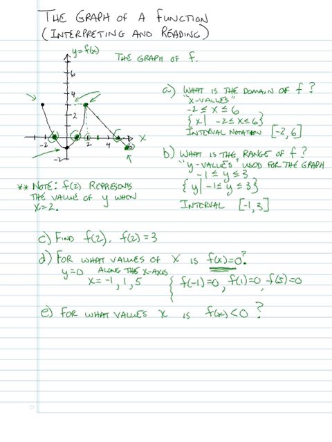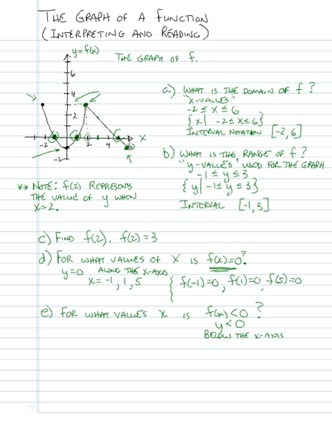Okay, this question, for what values of x is f of x less than 0? So we want to find out what part of the graph has y values less than 0. To have y less than 0, it must be below the x-axis, right? All the y's that are lower than the x-axis are negative values.